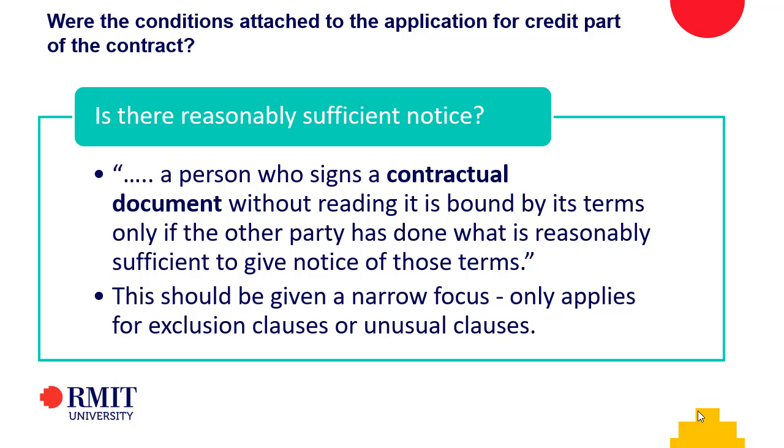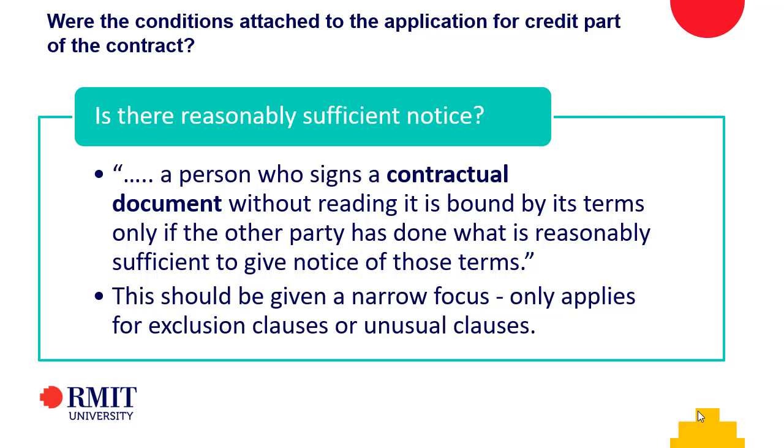So in this case, the court said, well, actually, yes, it was an application for credit, but it was pretty clear that it had contractual terms on the back of it. And it was pretty clear that it was being signed by this guy as an agent. So he had enough notice that there were potentially serious ramifications of signing the document.